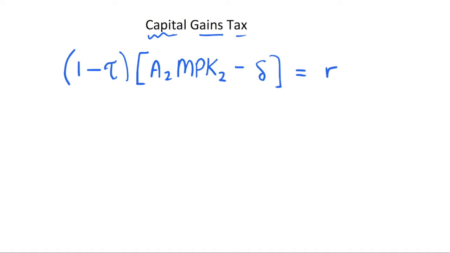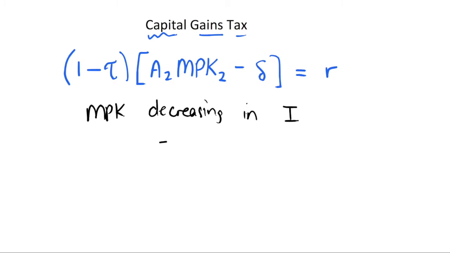So a couple of things we need to note is that we have diminishing marginal returns to capital, as we often assume in pretty much every model we do. So our marginal product of capital is decreasing in investment, decreasing in I. So as we increase investment, we're going to be decreasing our MPK2.